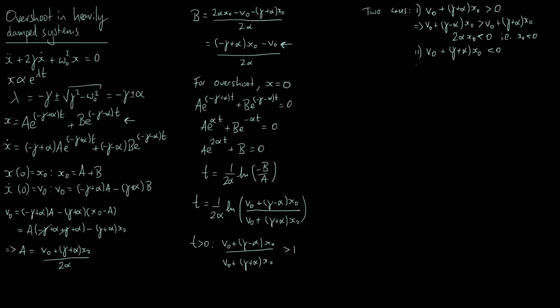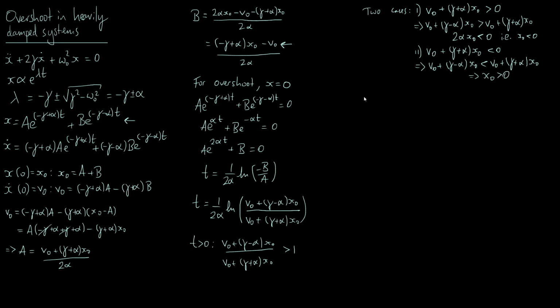And so that would imply v naught plus gamma minus alpha x naught is less than v naught plus gamma plus alpha x naught. And as before, this would imply that, well, this time it's similar to case 1, but we just have the opposite inequality, right? So that would imply that x naught has to be bigger than 0.